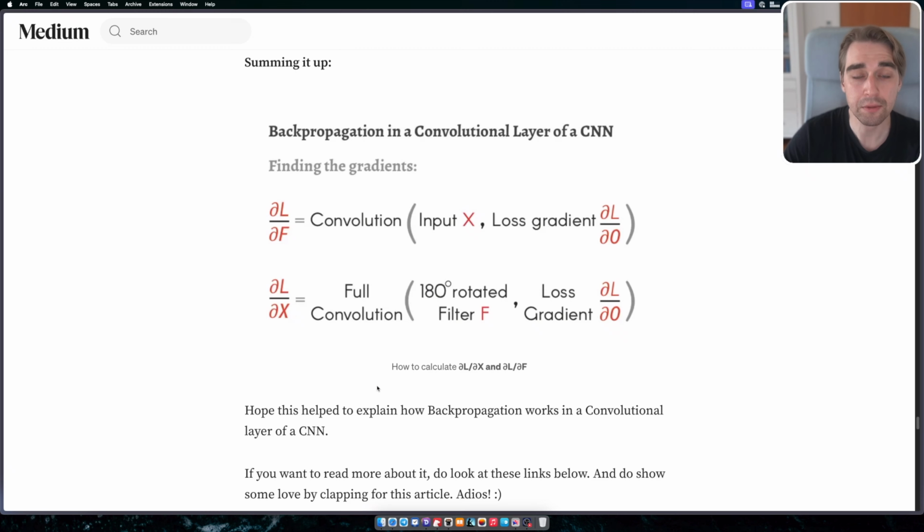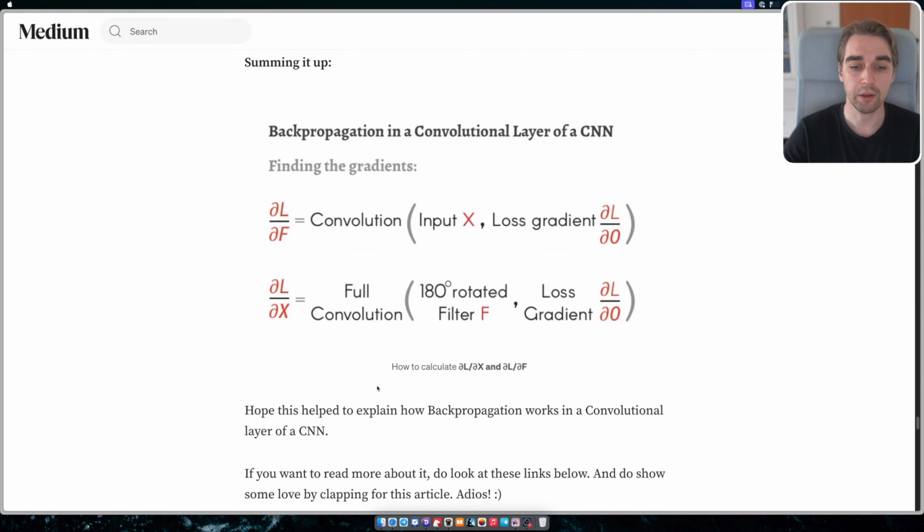In general, if we put aside all of the math, because we don't have to implement all of the things that were described here, we have the convolution for the forward pass, which is convolution between input x and the filter values. Then we have the backpropagation, where we need to calculate two different gradients, one for the inputs, one for the filter.